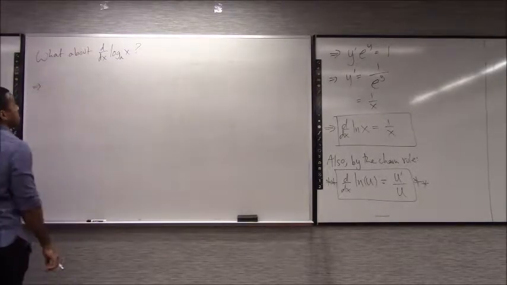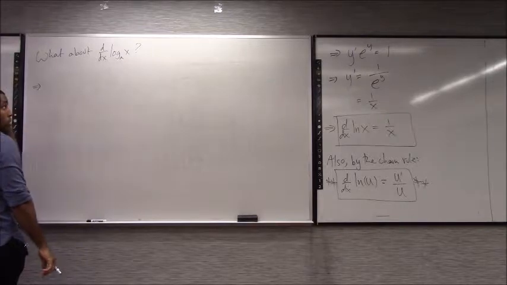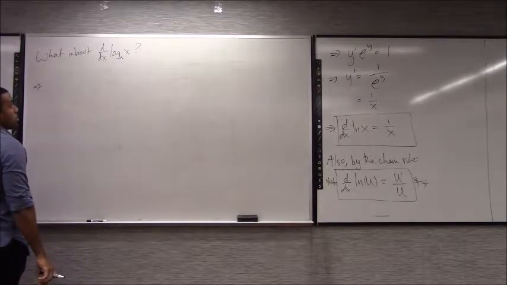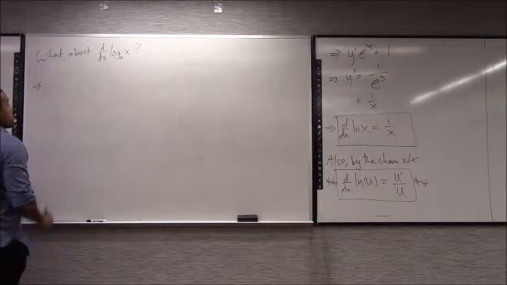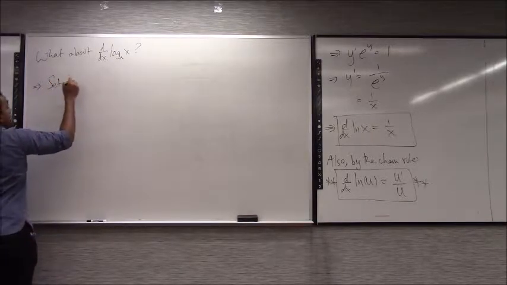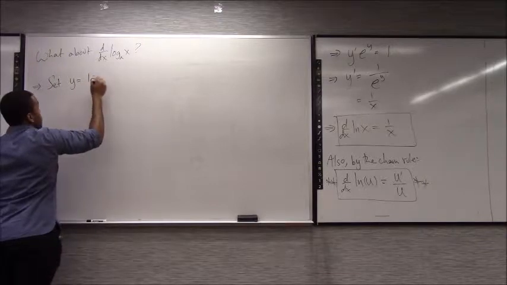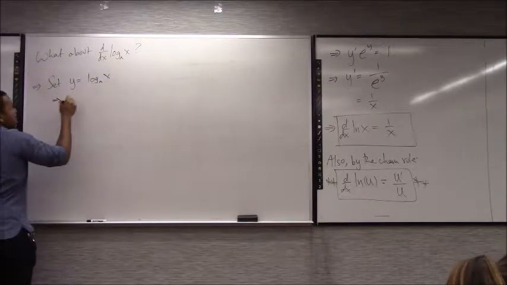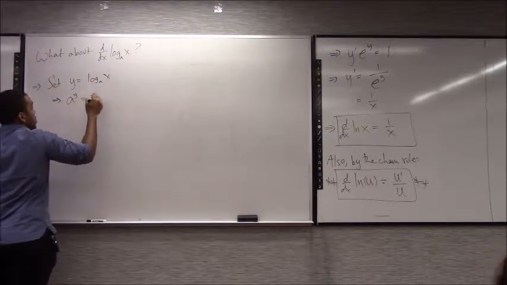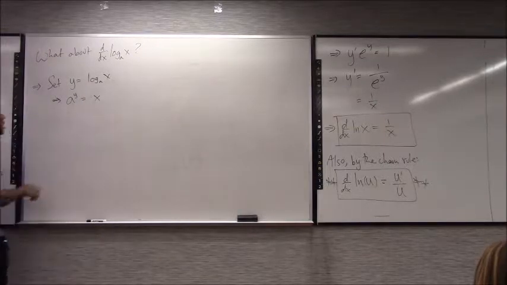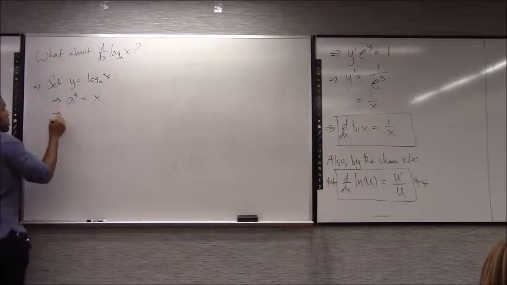We follow a similar manner, and then instead of raising e to the power of that, we'd raise a to the power of log base a of x. So you're thinking of set y equals log to the base a of x. This means that a to the y is equal to x, essentially? Yeah, and then we could follow the same manner that we did.